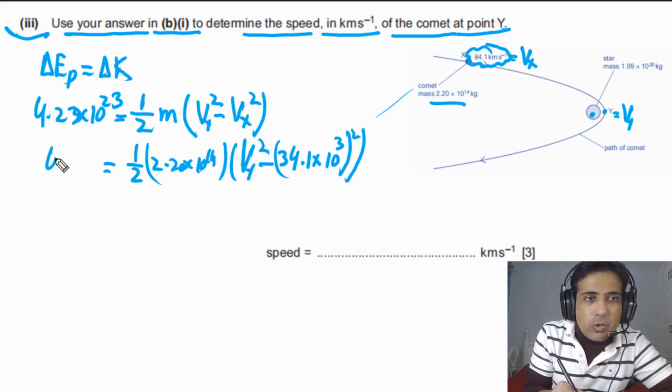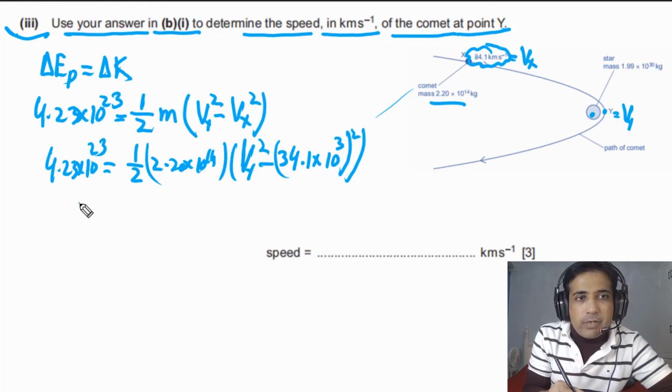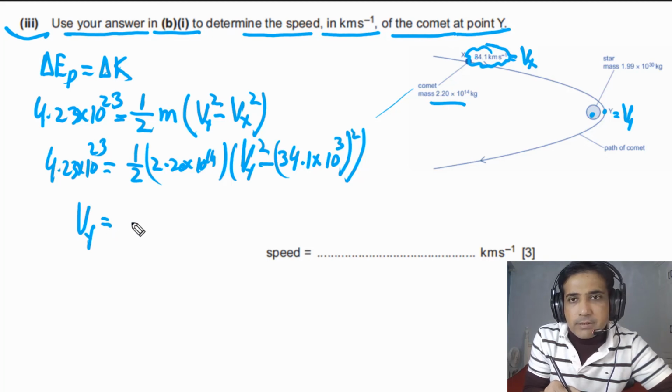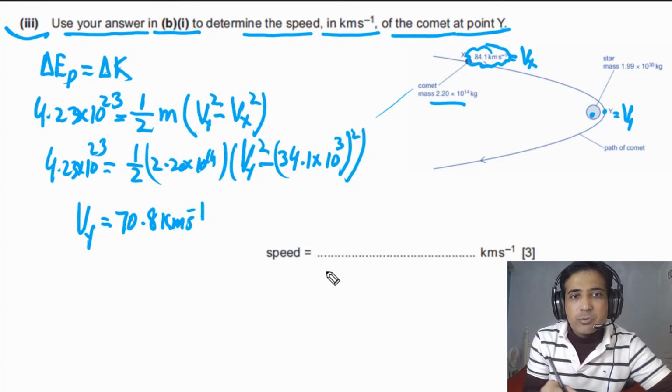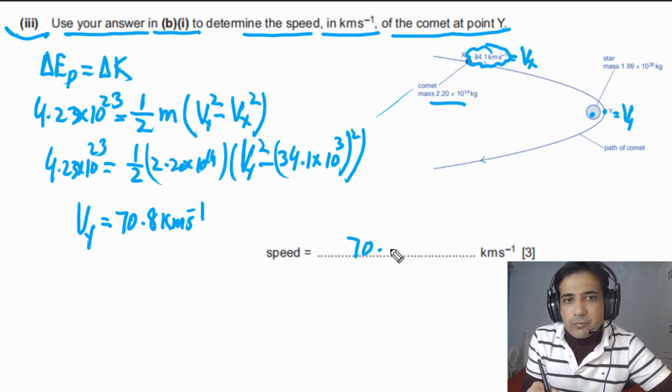Now we can solve for the value of Vy. If we solve this, our final answer has to be 70.8 kilometers per second to 3 SF. So this is our final answer.